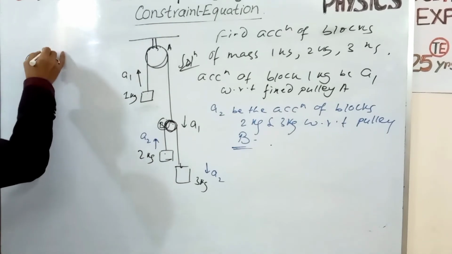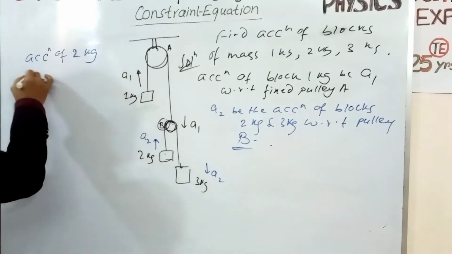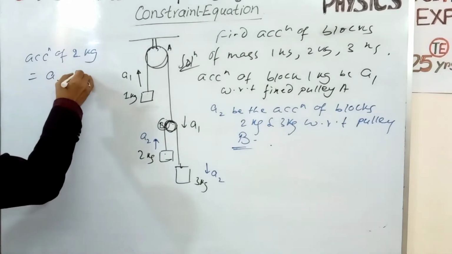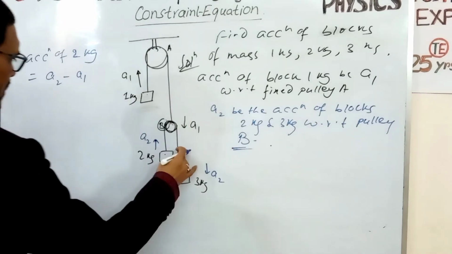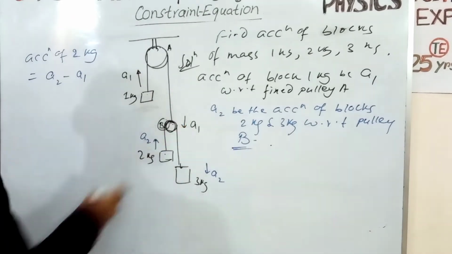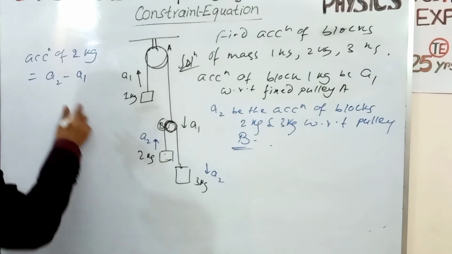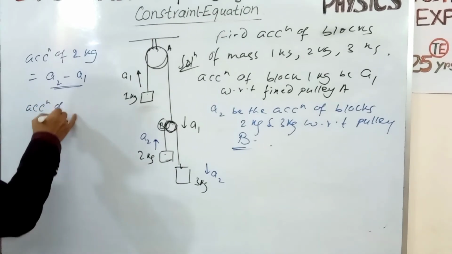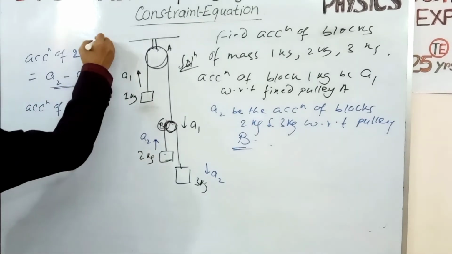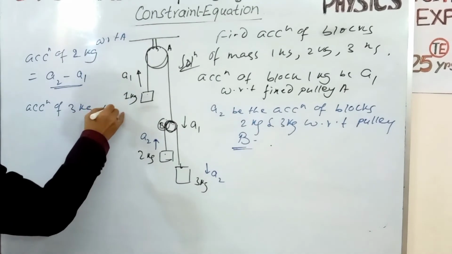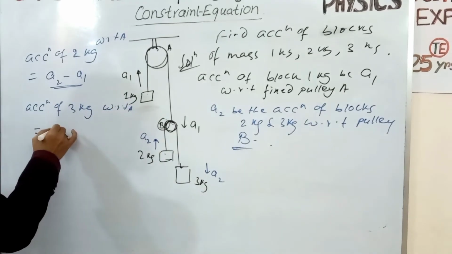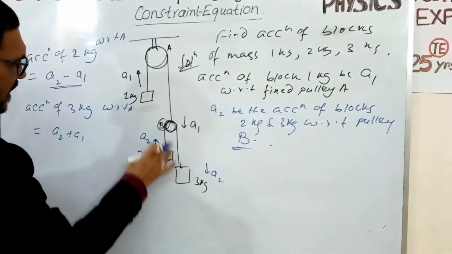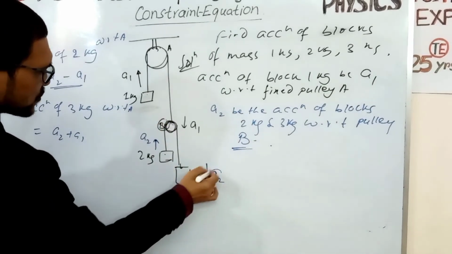Acceleration of 2 kg will be a2 minus a1, because this pulley moves downward and this is upward, so with respect to fixed pulley the effective acceleration is a2 minus a1. Now acceleration of 3 kg with respect to a equals a2 plus a1, because the pulley moves with acceleration a1, and with respect to this pulley the block moves with acceleration a2.